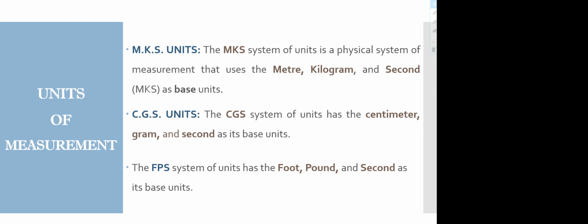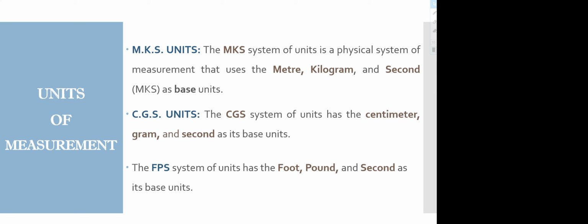Okay, you do a lot of survey, and you are doing dimensioning in it. You have to know a few different typologies of units that are being used all around. The first one is MKS units, which is meter, kilogram and second based units. Then you have CGS, which is centimeter, gram and second. Then you have FPS, which is foot, pound and second. Each set of units is followed by different people. For example, in Western countries, in the US, you might have something different.